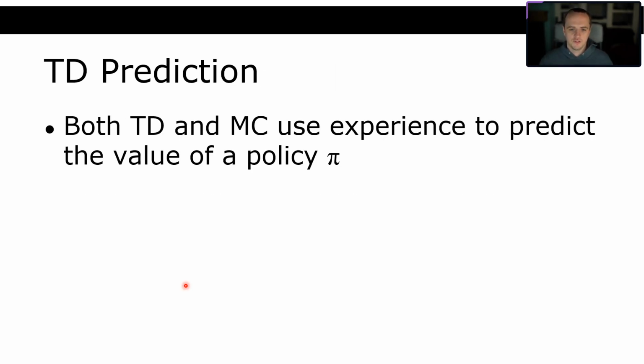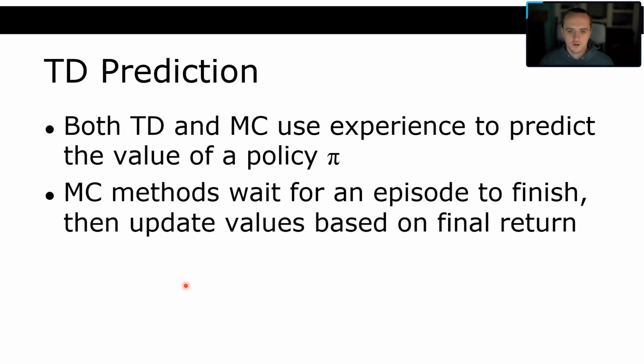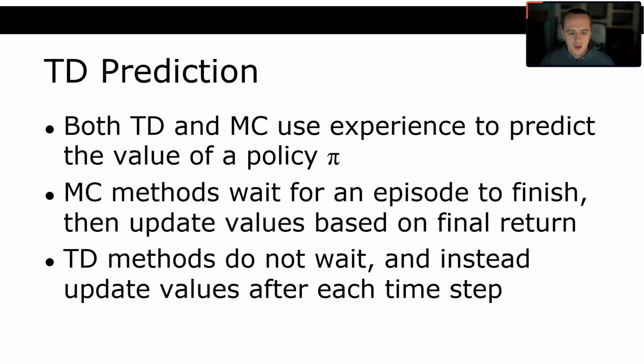So, temporal difference prediction. Both temporal difference and Monte Carlo use experience to predict the value of a policy, okay? That means they generate episodes, or in a continuing task, they just keep going. Monte Carlo methods wait for an episode to finish, then update the values based on a final return after the episode is done. But temporal difference methods don't wait. They update values after each time step.